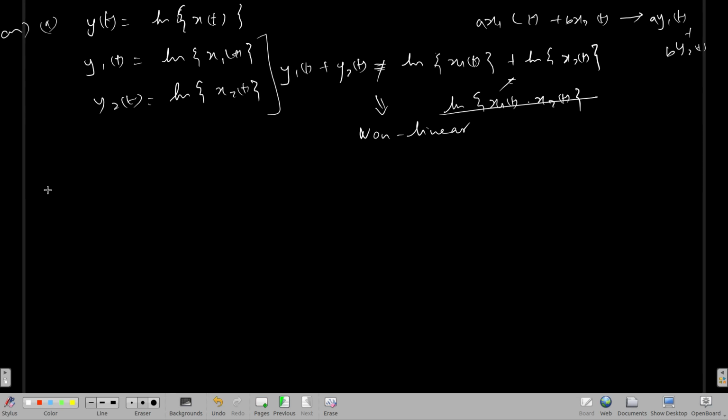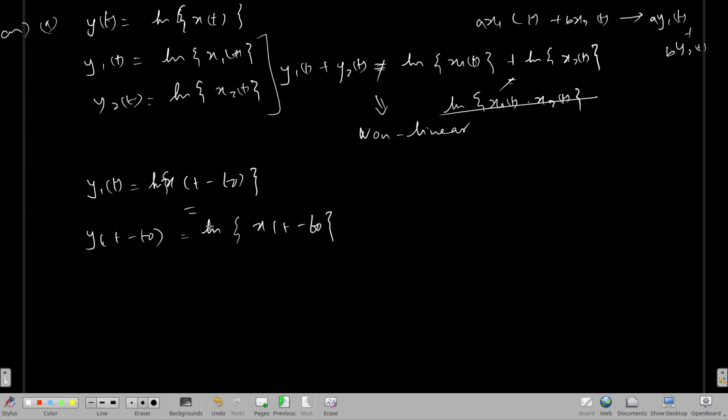Now let's check for time invariance. First we shift the input, so y1 of t is equal to log of x of t minus t naught. Now if we shift the whole output, y of t minus t naught, we have to completely shift everything on the right side, that is t minus t naught.